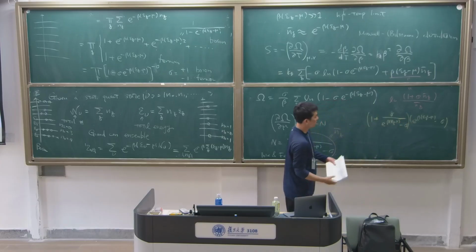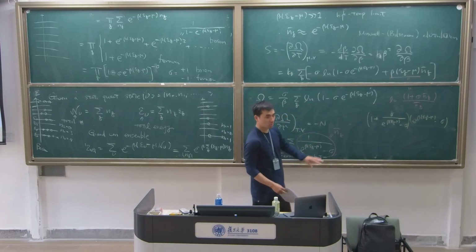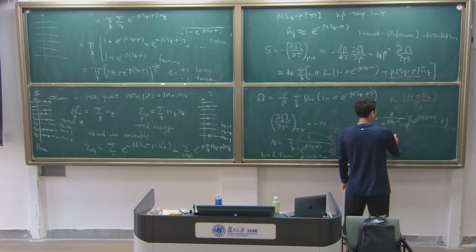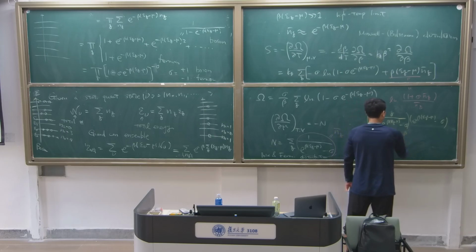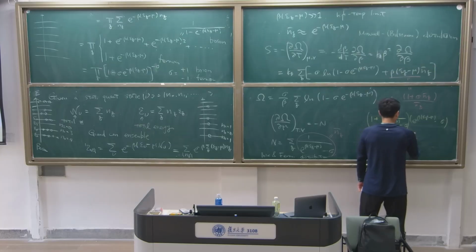This is the numerator, the denominator is just the opposite of this one. And this is equal to e to the beta (epsilon q minus mu).